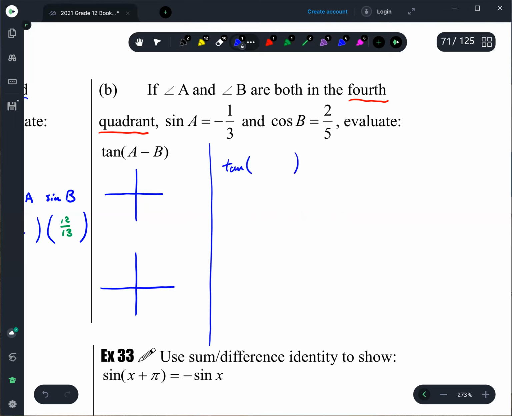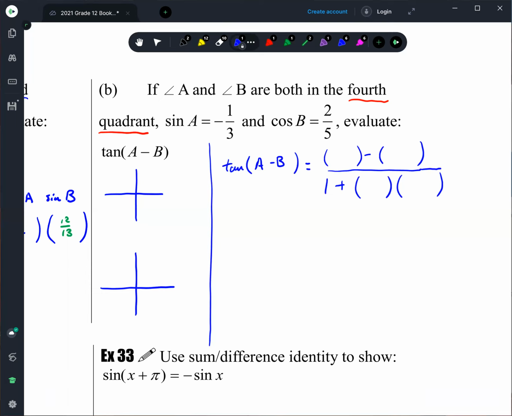Tangent difference, right? I hope by now you remember tangent difference is something over something: difference over 1 plus product. Okay, you can raise your hand once you get to this place, once you fill in the 4 blanks.